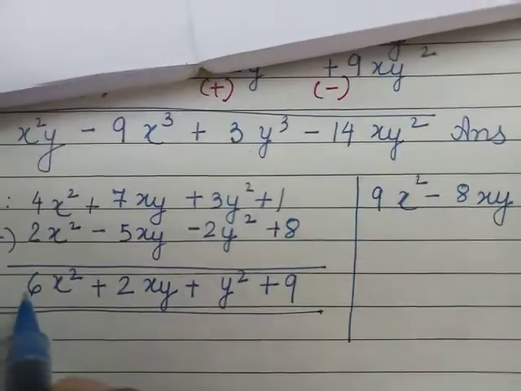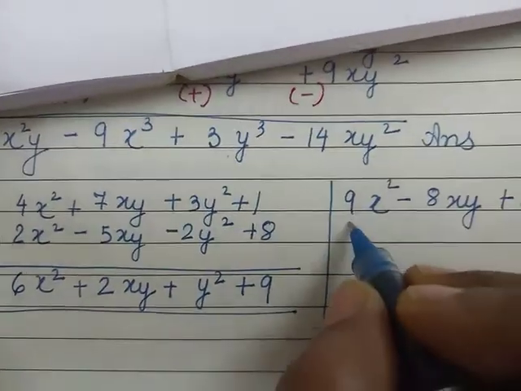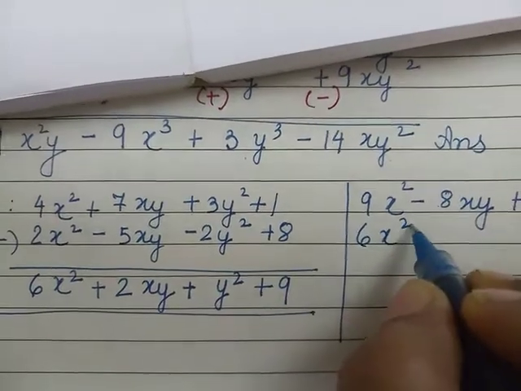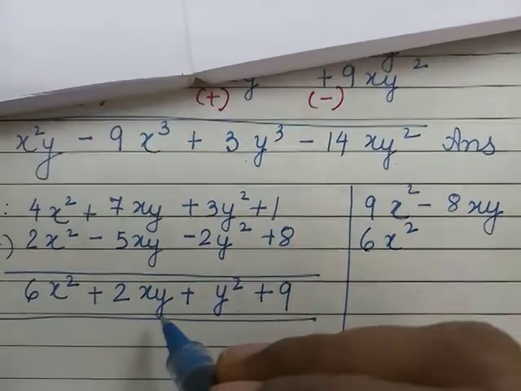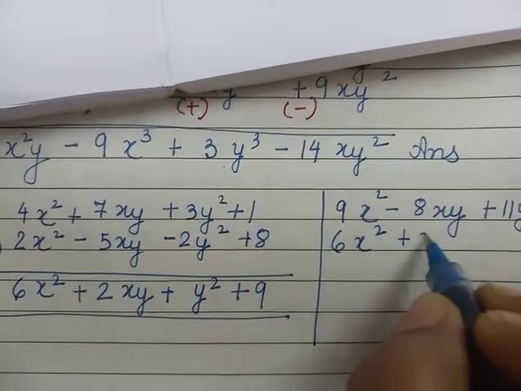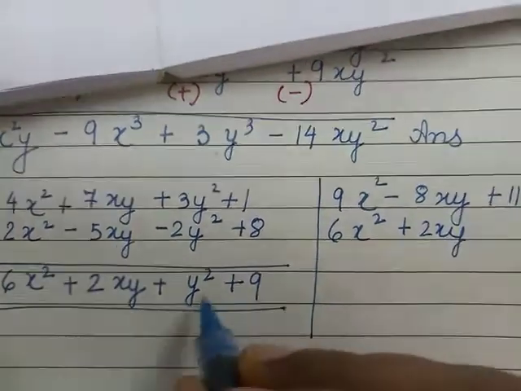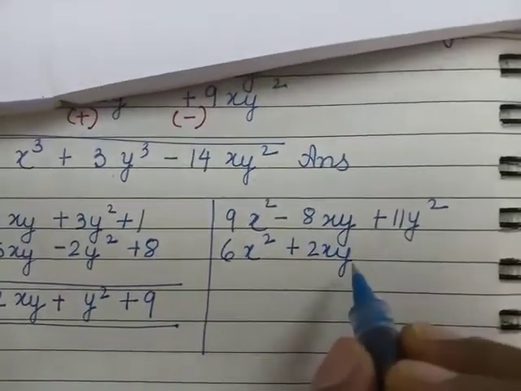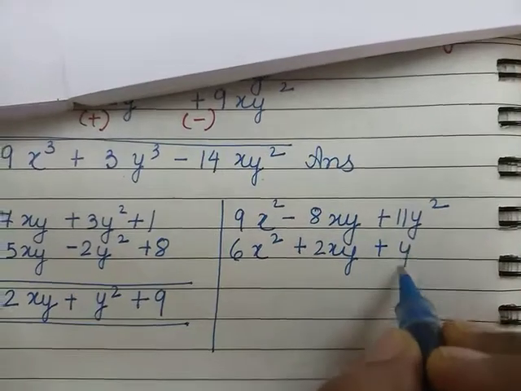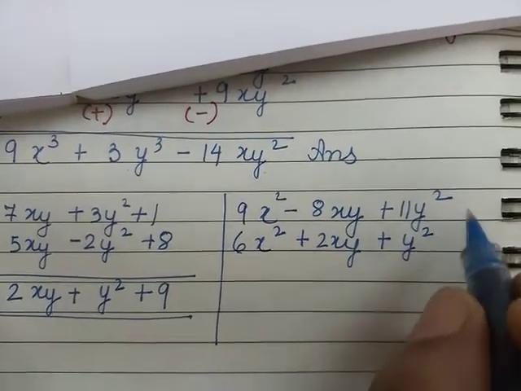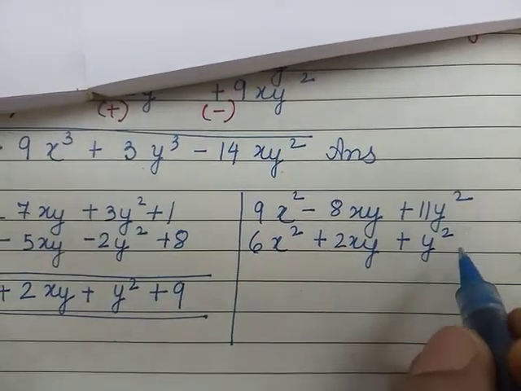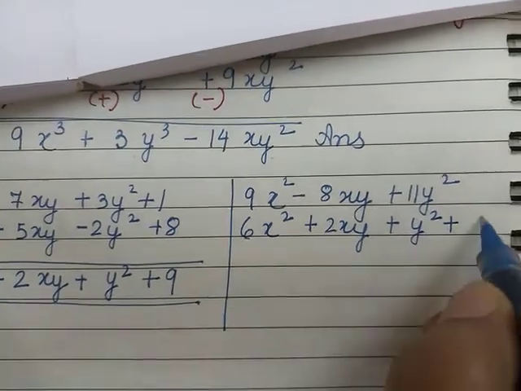From this we have to subtract the sum. So I write 6x square under the square term, plus 2xy under the xy term, and plus y square under the y square term. As we know, we don't have any constant in the above term, so I write plus 9 as it is.